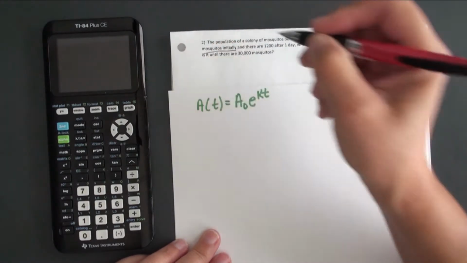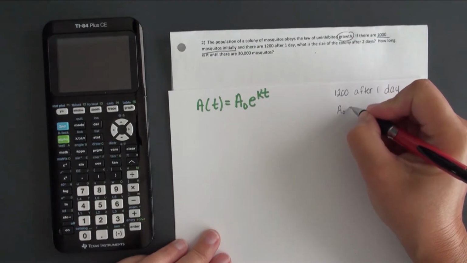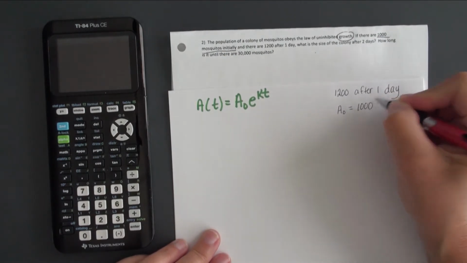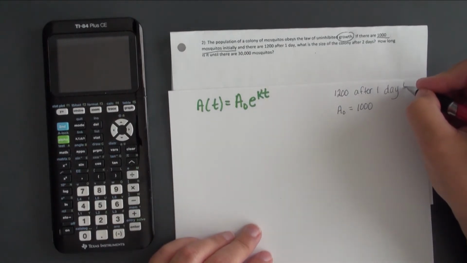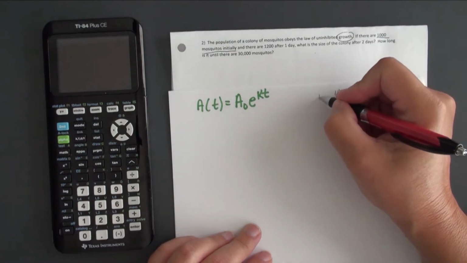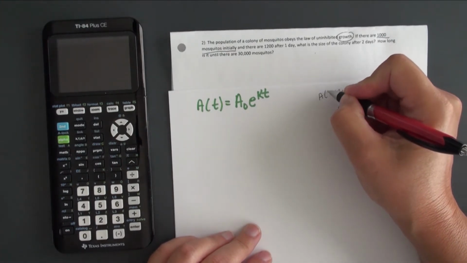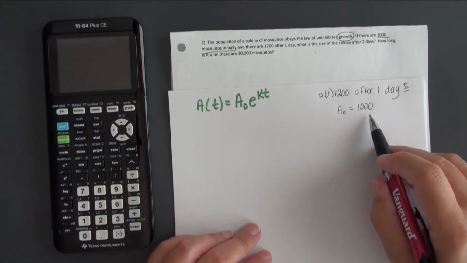There are 1,000 mosquitoes initially, so our initial amount is 1,000. So the 1 day would be our time. The 1,200 would be the amount at time 1, and we know our initial amount.